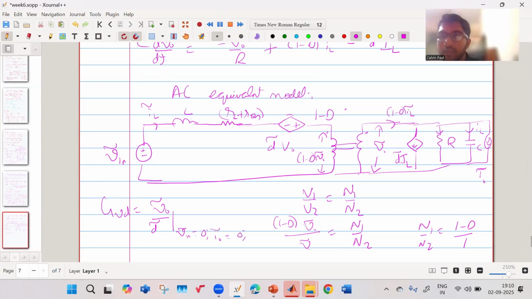Okay. So I have a question. Why shouldn't we set IL perturb also to be equal to 0? We just want V output perturbed by D perturbed, right? So all the other perturbations we should set to 0. Why are we not setting IL perturbation to 0?